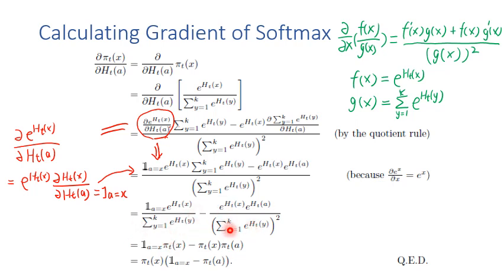Again, here is the multiplier of our original action probability function multiplied by the probability of action A. So eventually, we can simplify our equation as the action probability function multiplied by the indicator function minus the action probability of action A. So this is the gradient of the Softmax function.